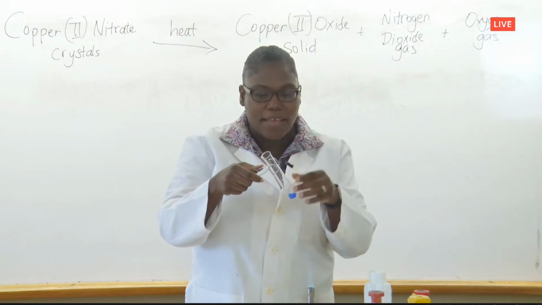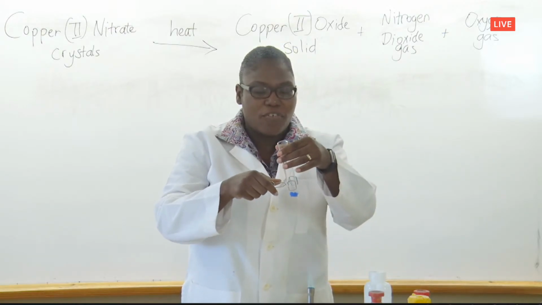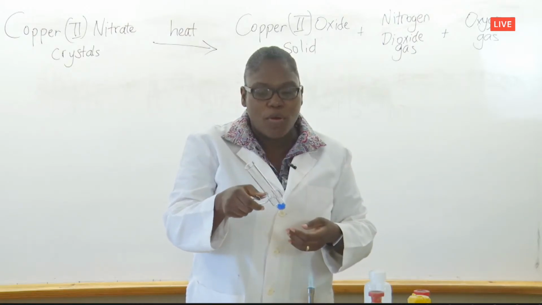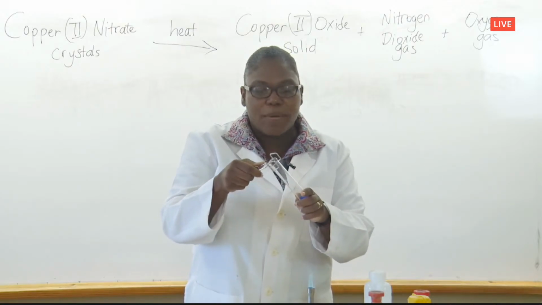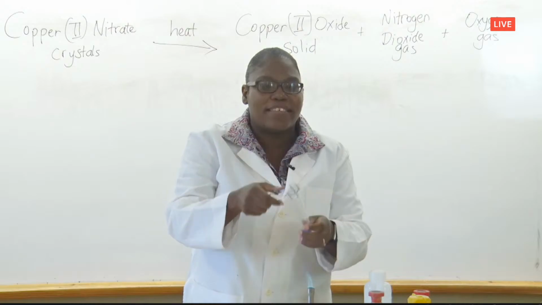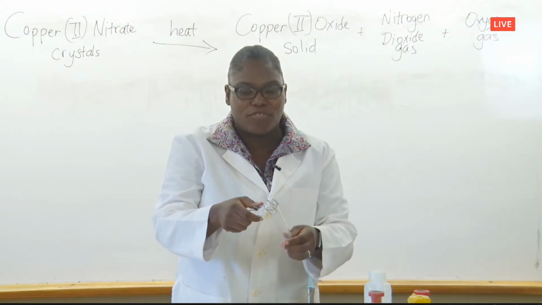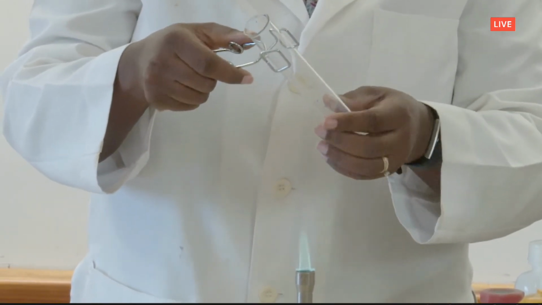So as we're heating, let me teach you a little bit about heating. When you're heating a dry solid, there are a couple things you want to take note of. Don't grip your test tube, or in this case, this is a boiling tube, too low because of conduction, you will get burnt. Don't grip it too high because that's just careless. You might slip out and break. So you want to grip it just right.